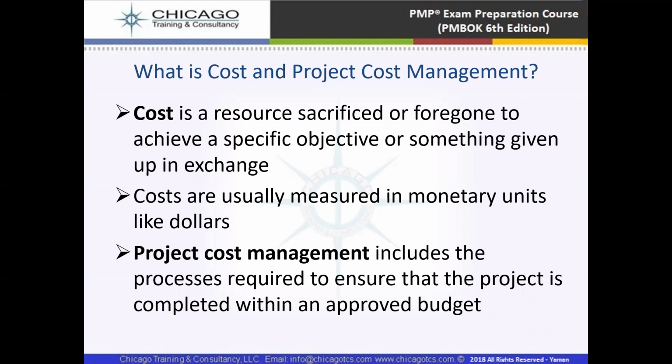So what is the definition of project cost management? Project cost management includes the processes required to ensure that the project is completed within an approved budget. So basically cost management ensures that the project is completed within an approved budget.